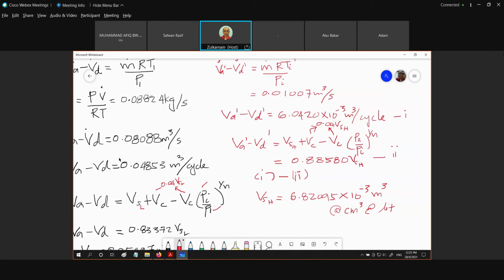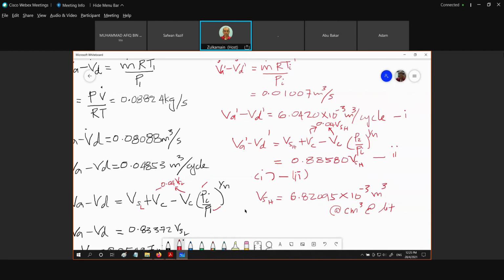In our case, we have different figures of VA minus VD. For the low pressure, we get 8.83372, but for the high pressure, we are going to get 0.88580. So please, don't just make it easy. Assume same pressure ratio, and then you will miss the calculation. Then it is wrong.